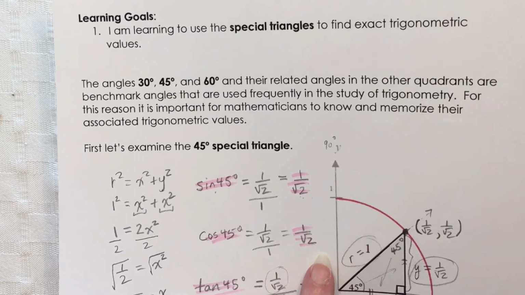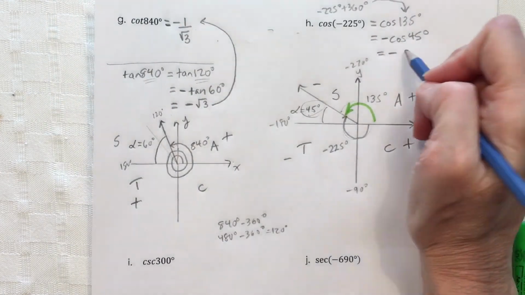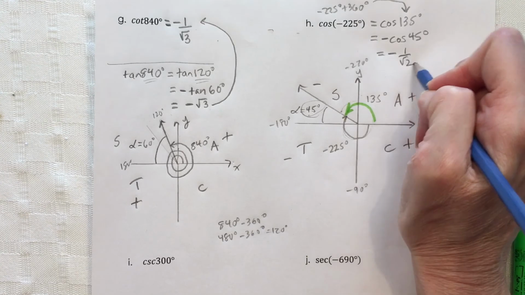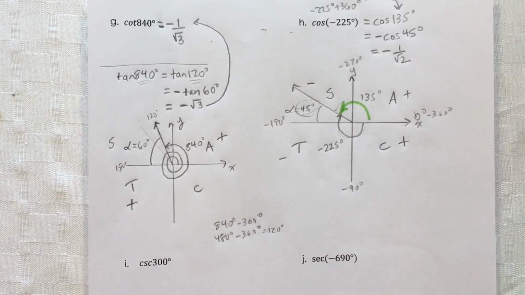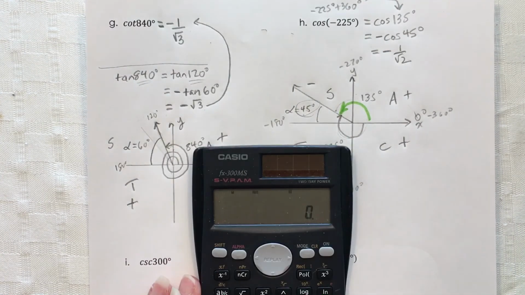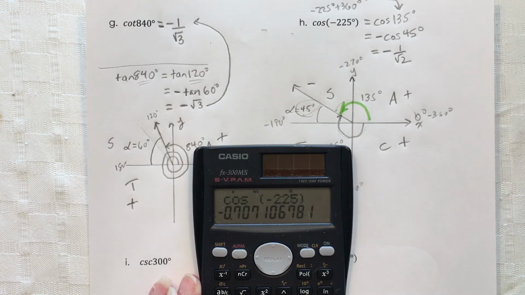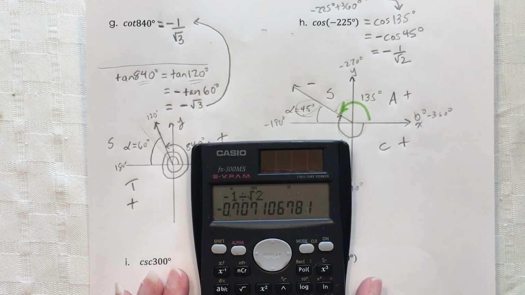So negative 1 over root 2. Again, we can compare. I'm going to use brackets because it's a negative: cosine of negative 225 is negative 0.707106, and negative 1 divided by the square root of 2, same thing.